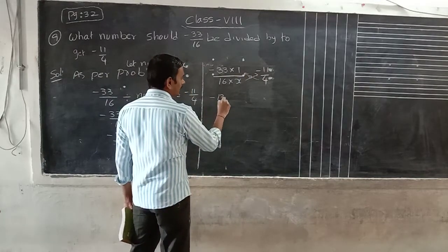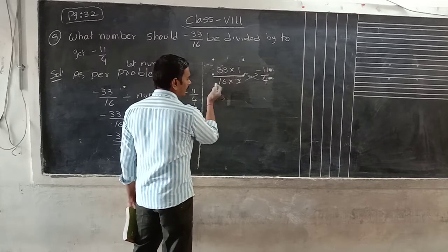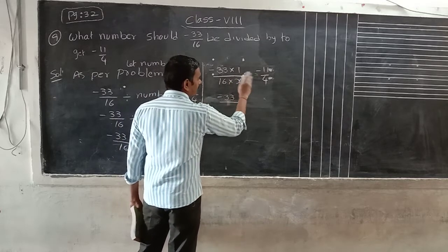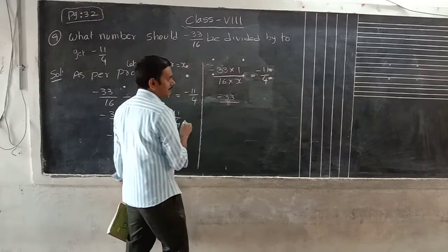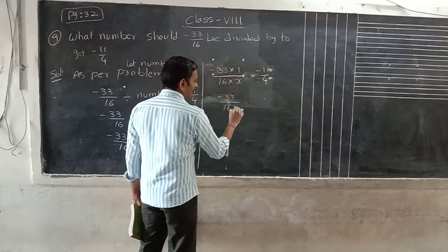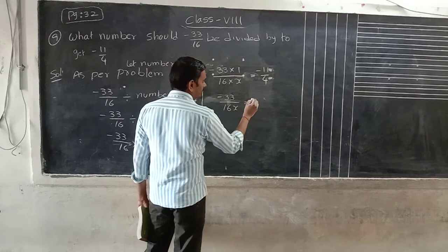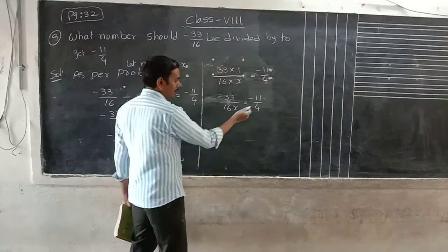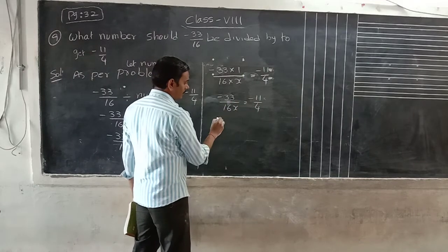Minus 33 into 1 means minus 33 only. That means we can write minus 33 by 16 x equal to minus 7 by 4. Now we have to cross multiply this.